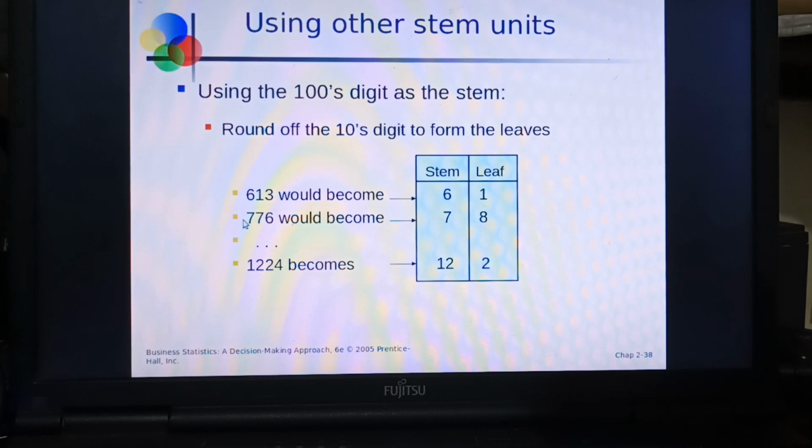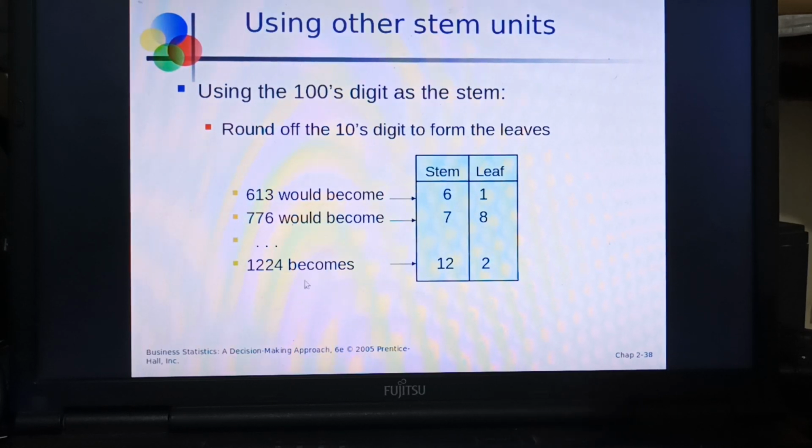In this case, 776, you have the stem 700, and the 76 we could round off to 8, or round it up to 80, and so on until say 1224.